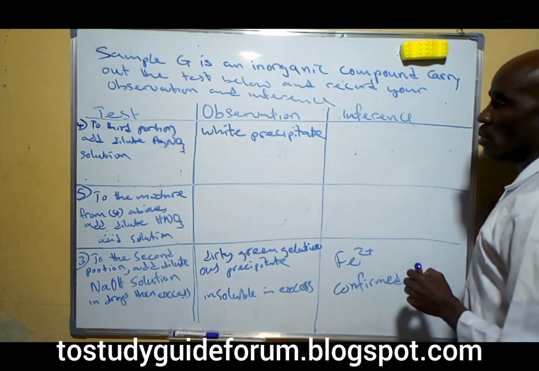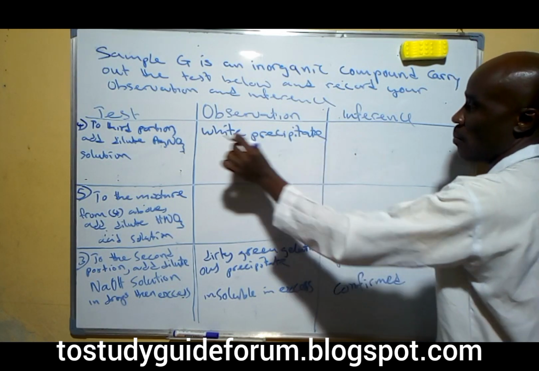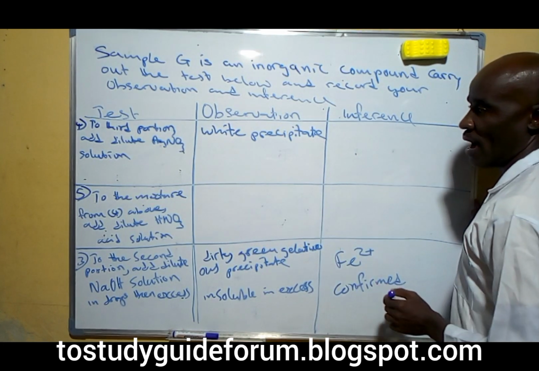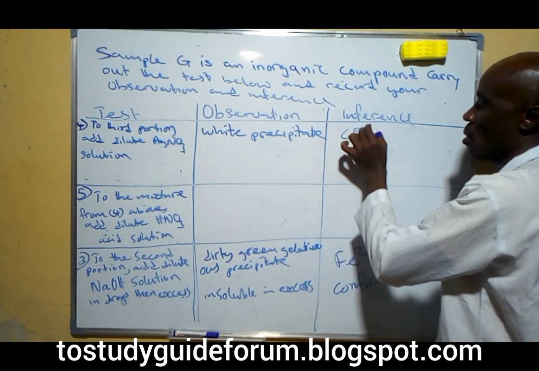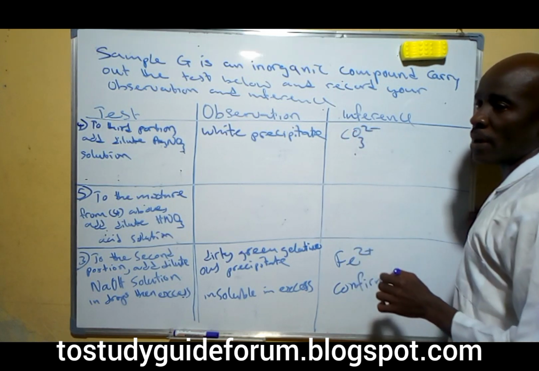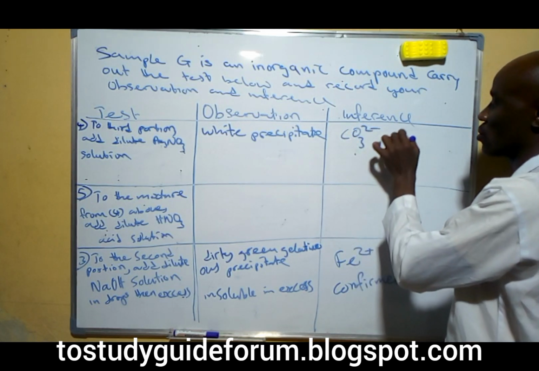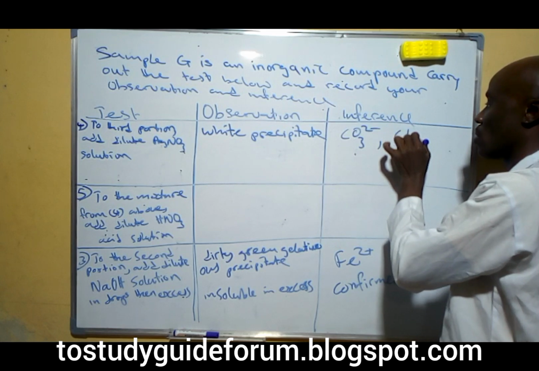For the fact that we have a white precipitate, we know that silver has two white insoluble compounds: the carbonate and the chloride.